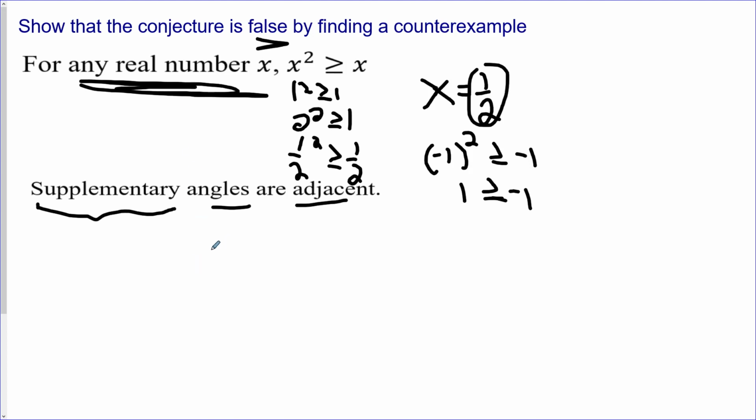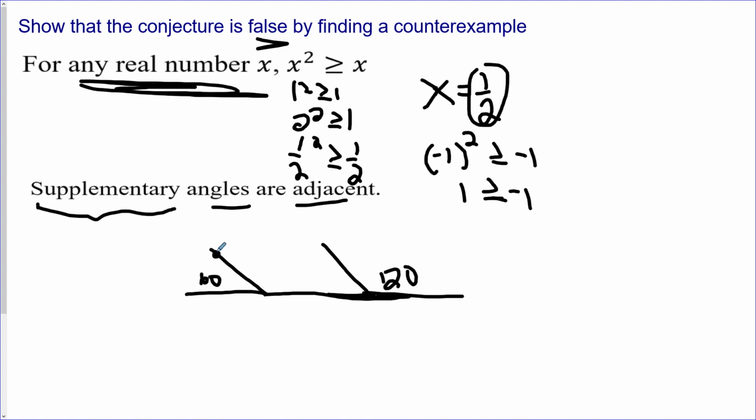All right, so let's take a look. Here's an angle. There's another angle, and we can just connect those lines. Let's picture those are connected there. If we make this one 60 degrees and this one 120 degrees.